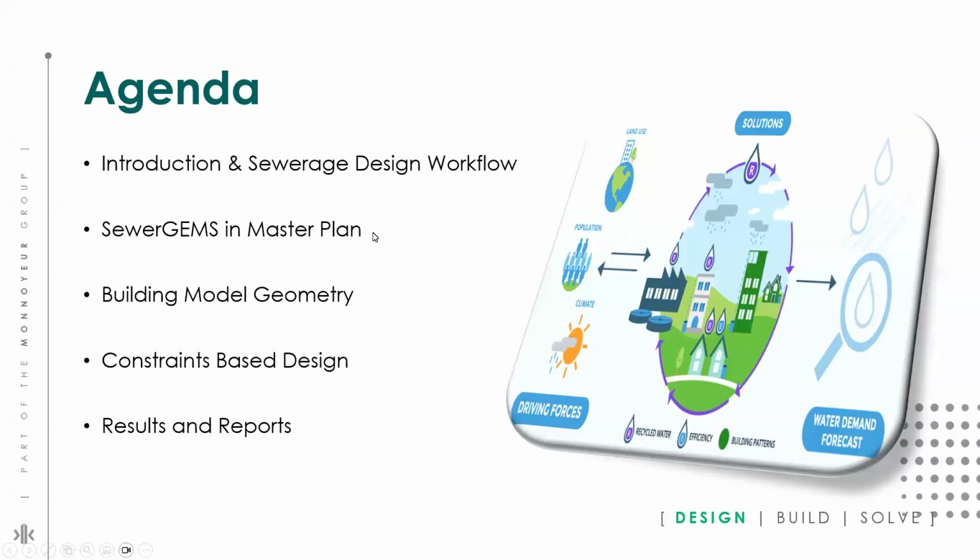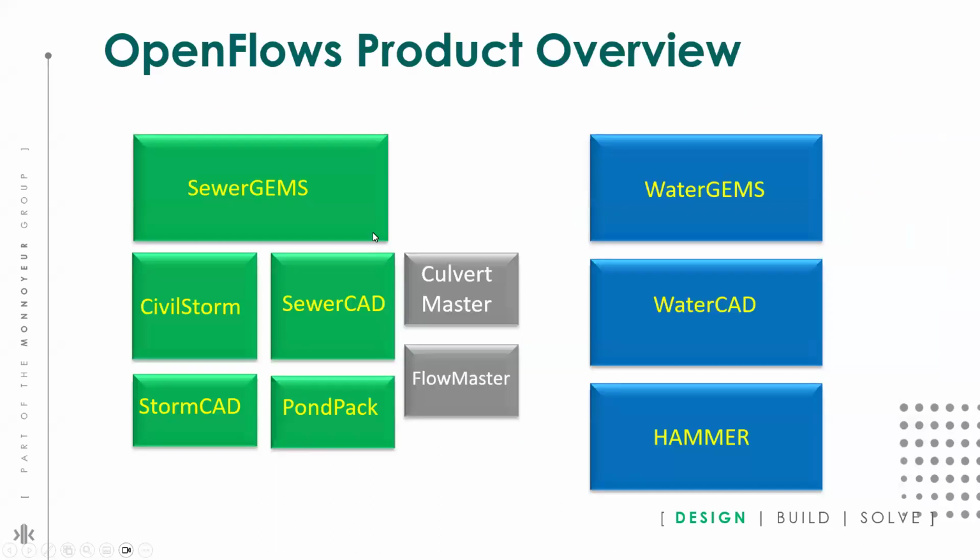So we have different offerings within the OpenFlow product overview. Let's talk about the entire green family, which is for the sewer network. SewerGEM is one of the software which includes SewerStorm, SewerCat, StormCat, PondPack, Culvert Master, and also Flow Master. So it is the parent of all these particular software.